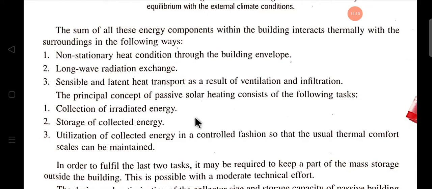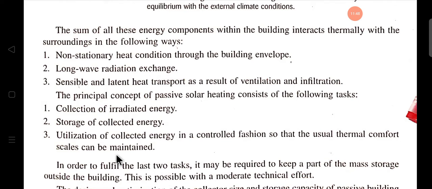The first work is collection of irradiated energy, that means collecting the scattered rays, the energy from the scattering of sun rays. Then store that collected energy. Then utilization of the collected energy in a controlled fashion so that the usual thermal comfort scale can be maintained.